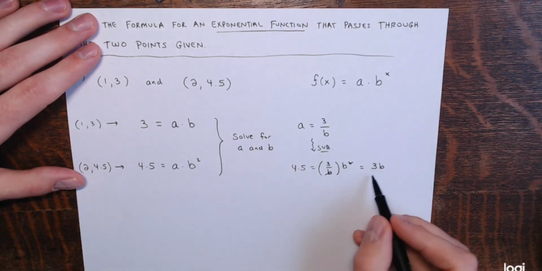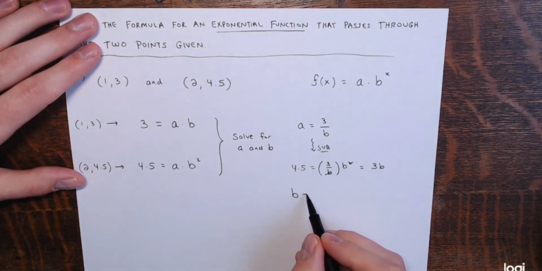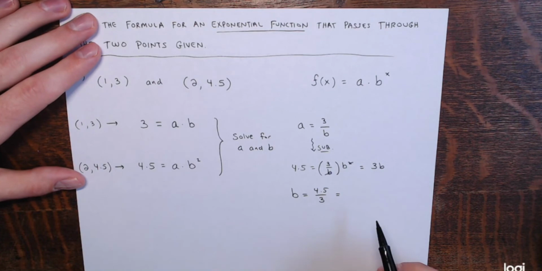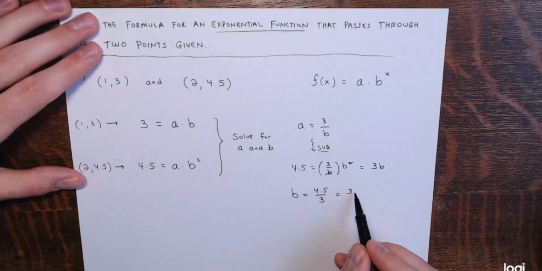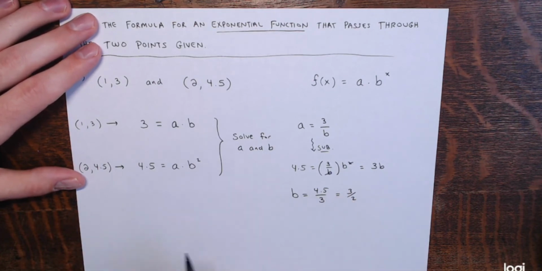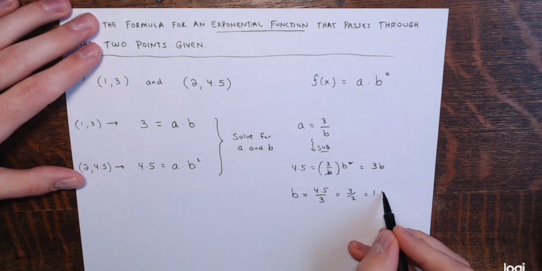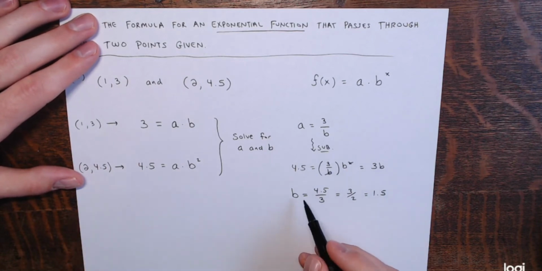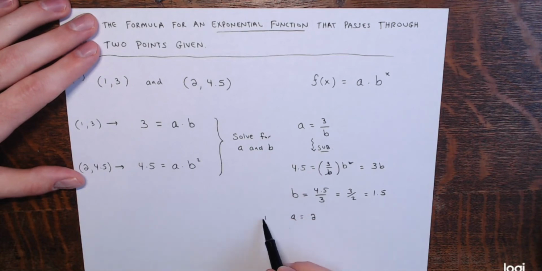And then dividing both sides by 3, we're seeing that b equals 4.5 divided by 3, which is 3 halves when you reduce, or 1.5 if you want a decimal. It's 1.5. And then if b is 1.5, 3 divided by 1.5, then a is 2. Right.